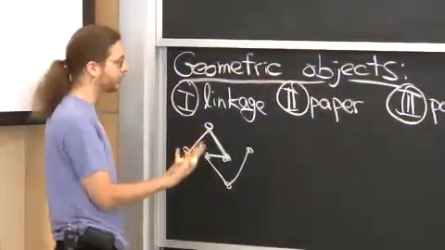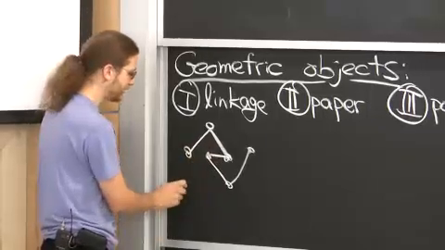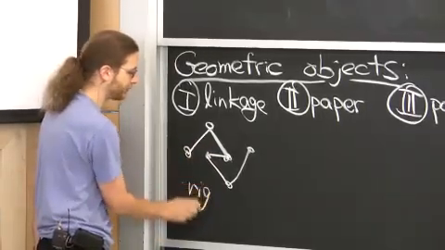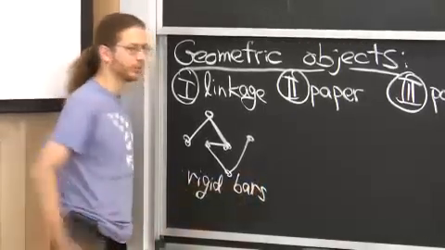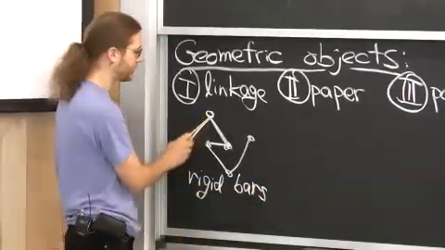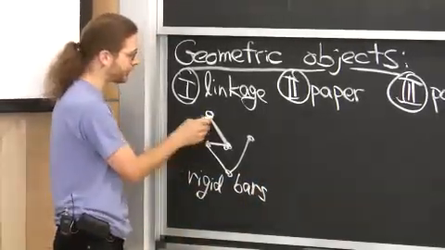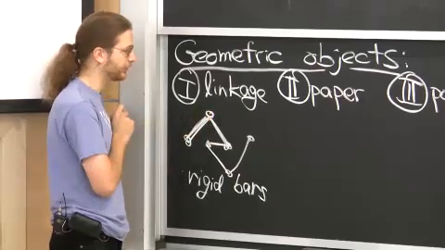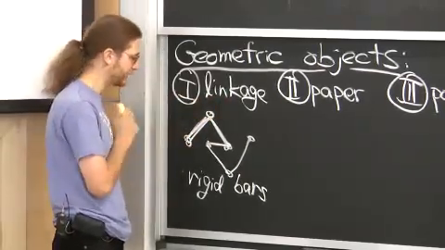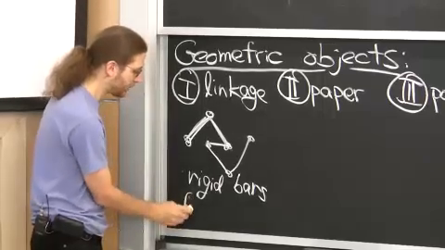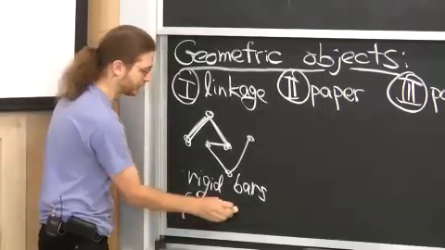The typical way we think about linkages is that they have rigid bars, as opposed to a string, which is really floppy. Here you have these rigid, like maybe metal parts, and you can only fold at the hinges. That's typical thinking in linkages, makes it interesting. And sometimes we also require no crossing.